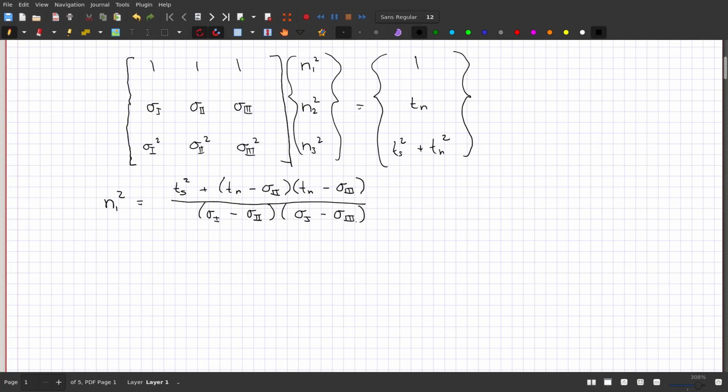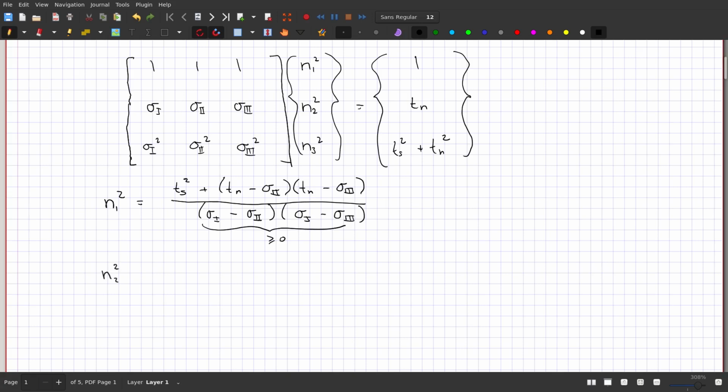The second term of the denominator, sigma 1 is greater than sigma 3, another positive number. You have a positive number times a positive number, so this is going to be greater than or equal to 0. Just for observation, and I'll point that out on the other ones too.